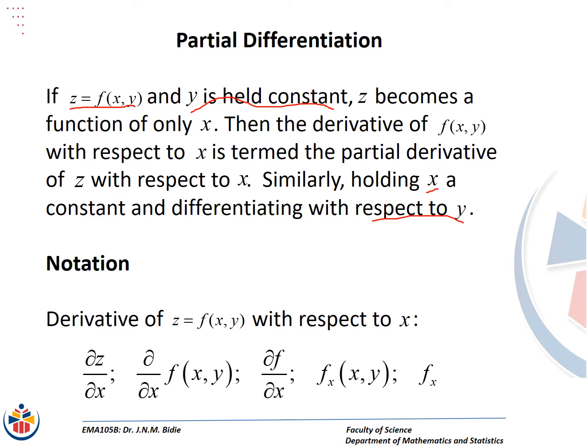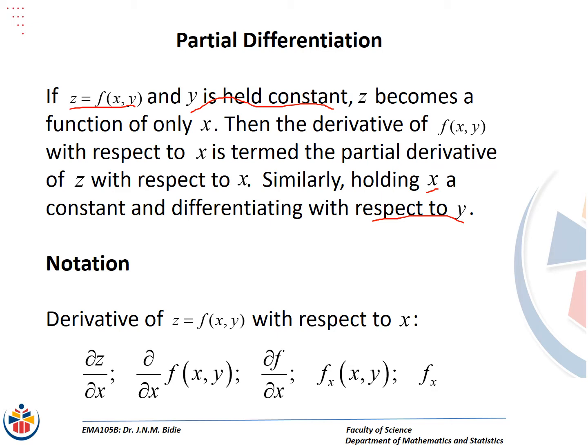Some notations that we'll need to know throughout this section. Firstly, if z is a function of both x and y, then we can differentiate z with respect to x. So that means say dz over dx, sometimes pronounced as double z over double x, but we'll stick with dz over dx.